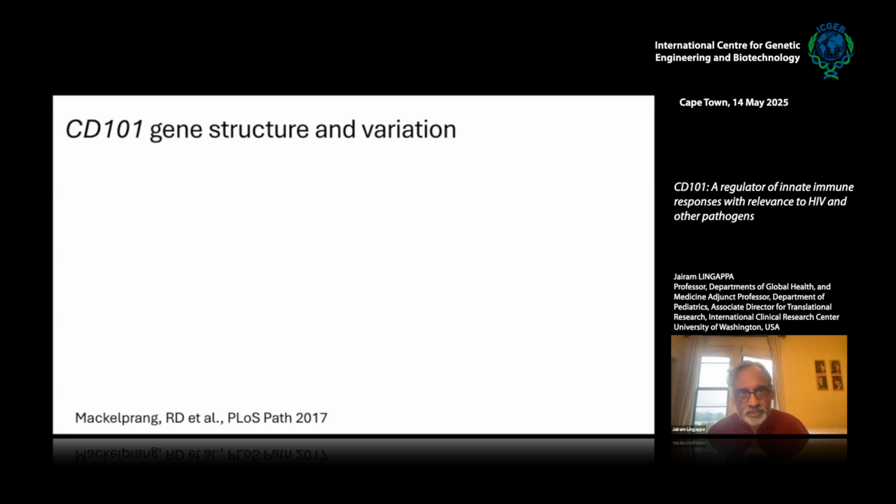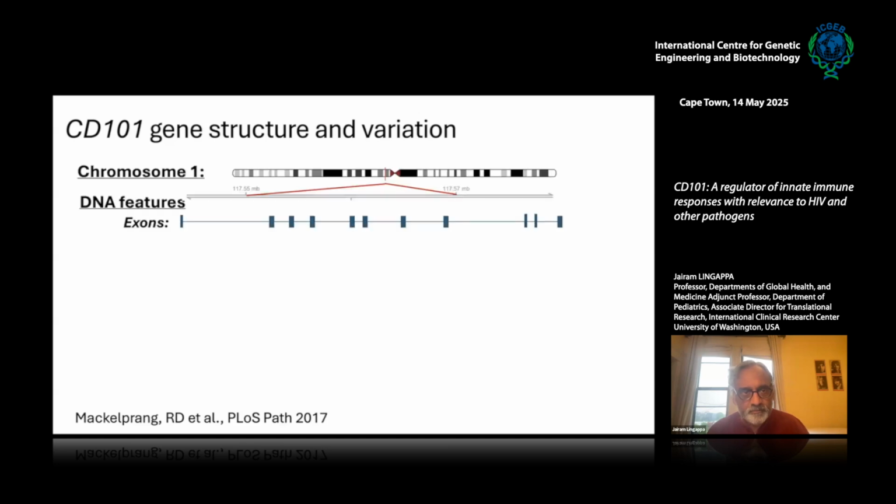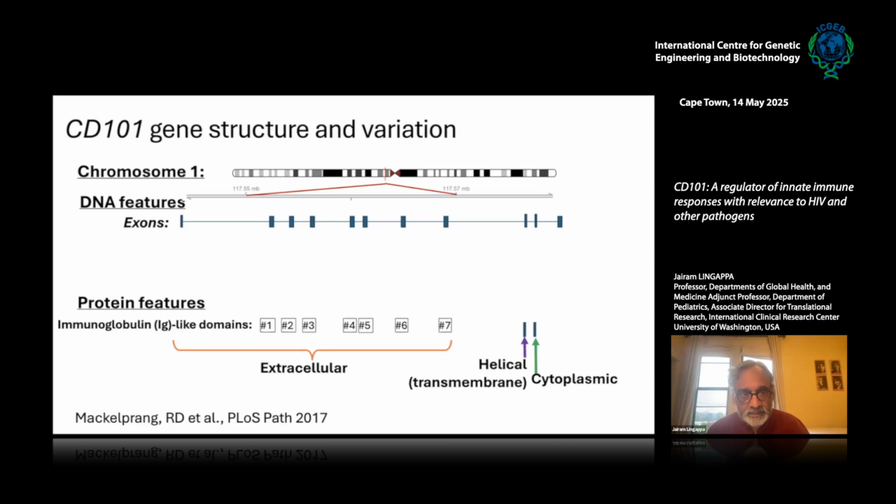But to do the replication study to test it in a second cohort, we needed to identify a subset of variants to look at. So let's take a look at the gene structure and the association with variants of CD101. CD101 is the gene located on chromosome 1, and it has a variety of protein features.